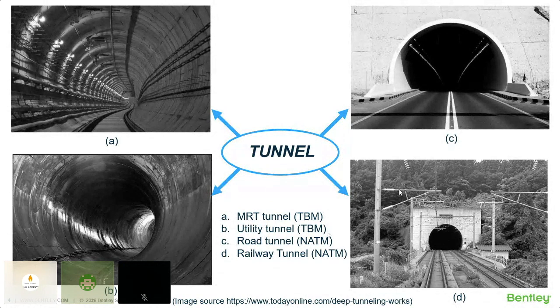The left hand top figure shows an MRT tunnel, and the bottom one shows a utility tunnel that were constructed using the TBM method. On the right hand side, you can see a road tunnel and railway tunnel that were constructed using the NATM, New Austrian Tunneling Method. For today's webinar, I'll be mainly focusing on the left hand side figures, where the tunnels were constructed using the TBM method.